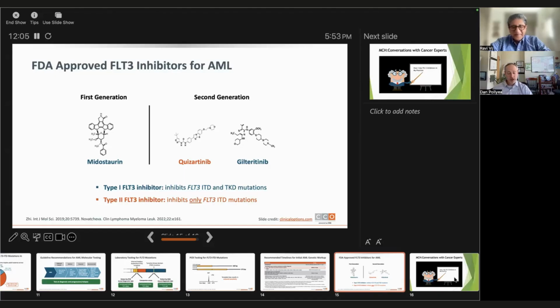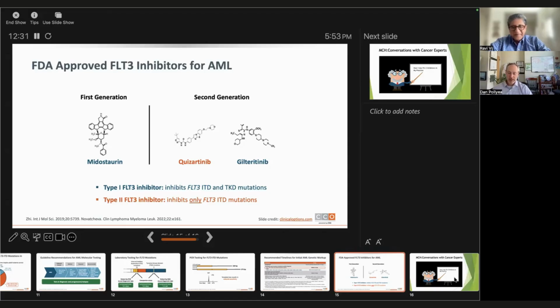And then we also have this new option of quizartinib. Both of these resulted in a survival benefit versus a placebo. We don't have any head to head data, so it comes down to personal preference and decisions about the side effect profiles of these drugs. But both are very reasonable, recommended options for patients with a FLT3 ITD.